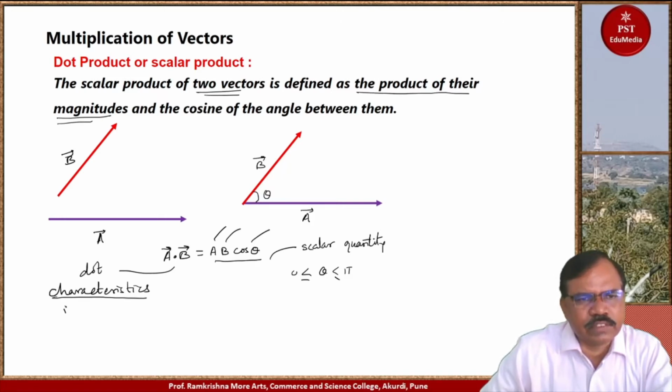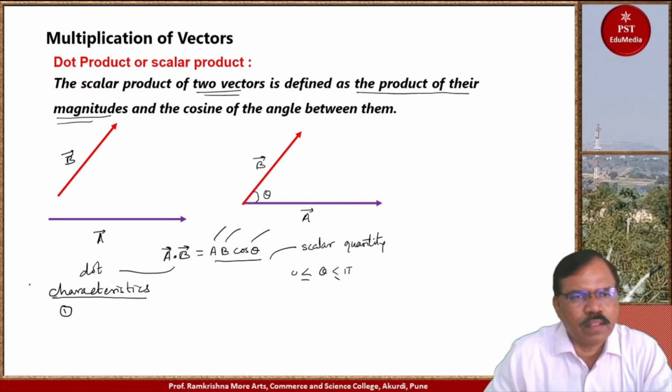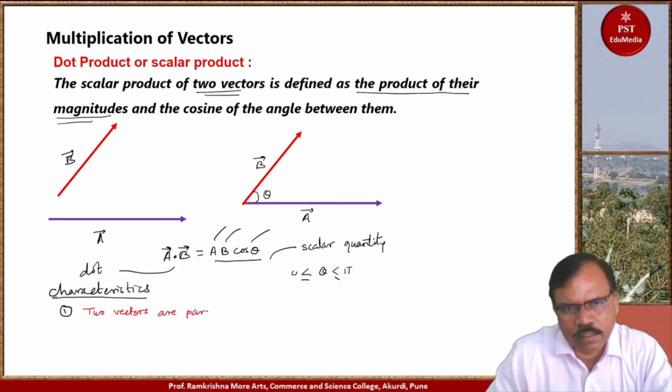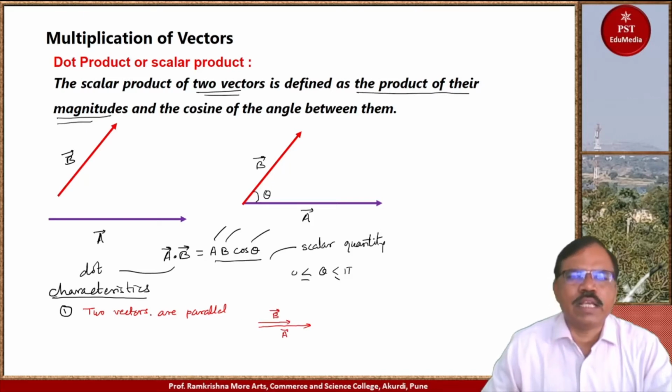Let us take the first one. Suppose two vectors are parallel. Here this is vector A and this is vector B. So they are parallel.